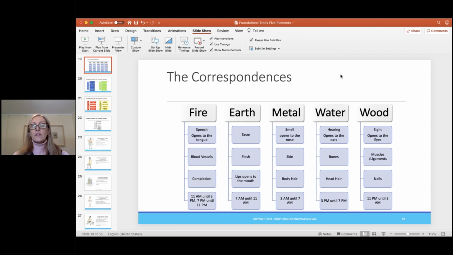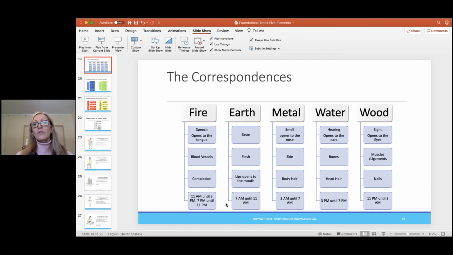So these are cool because I write these down all the time in my notes in an intake. I'll ask them, how are you between 11 and 3? If I think there's something going on with their heart and small intestine, I'll ask, do you have a lot of energy? Do you get a lot accomplished? Or are you pooped or hungry all the time, right?